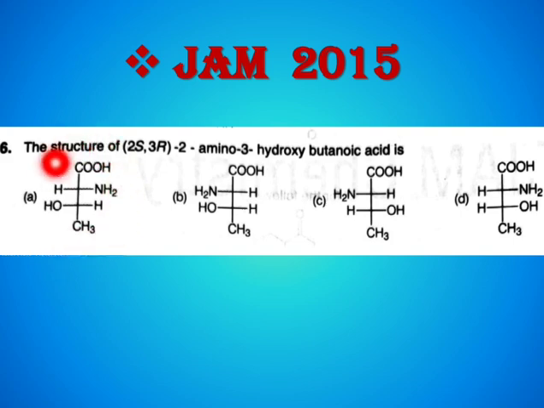In this way you number all the molecules, and you have to find out the absolute configuration at the second carbon and the third carbon. So try it out by yourself. You can pause the video and I will show you the solution in the next slide and we can discuss.